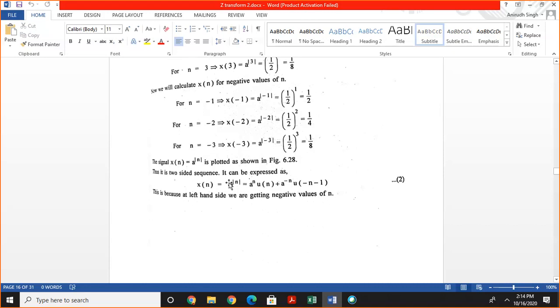So this is a two-sided signal, and it can be expressed as x of n is equal to a raised to the power n u of n, which is for the right hand side, and a raised to the power minus n u of minus n minus 1, which is for the negative values, the left hand side.